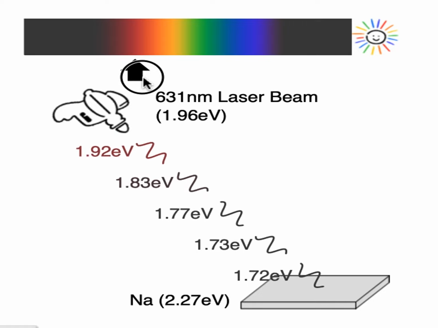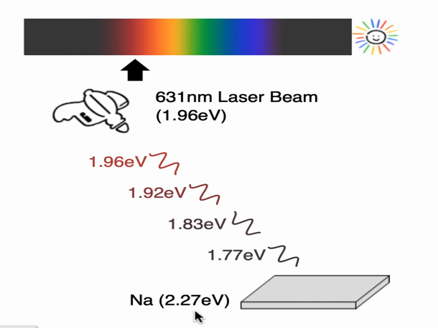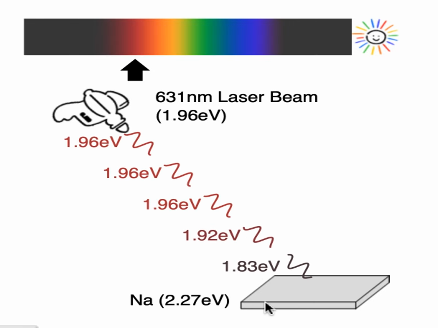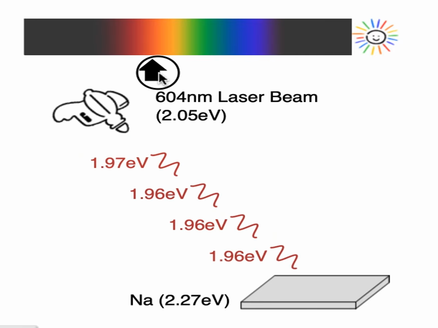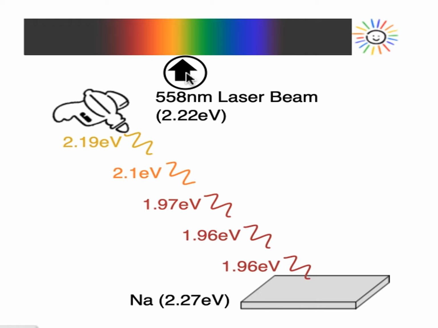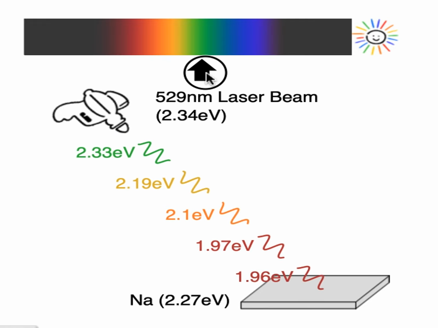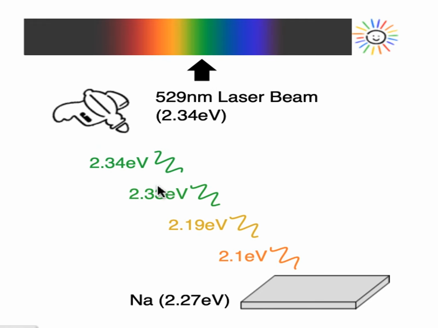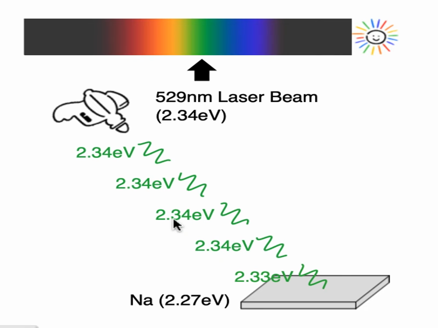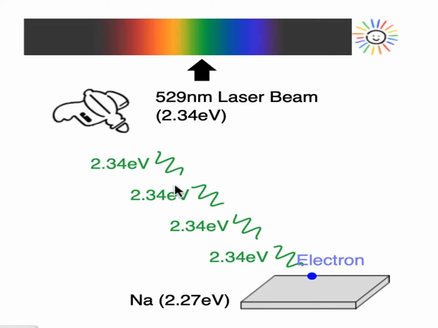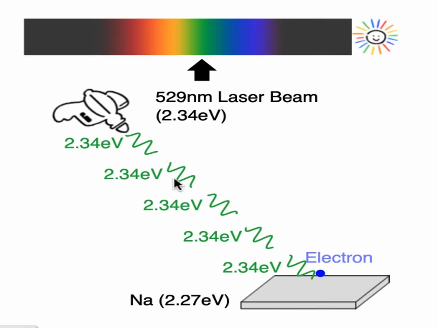And you can keep on increasing it. And if you notice here, sodium has a specific energy where electrons are stuck to its surface. And it was found that as soon as you increase the energy of the laser so that it was bigger than that value, so for example in this case green, then you start to see electrons flying off the surface one at a time.